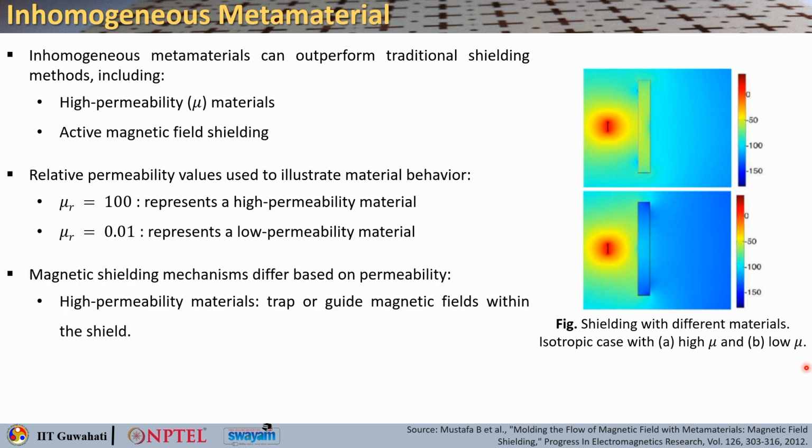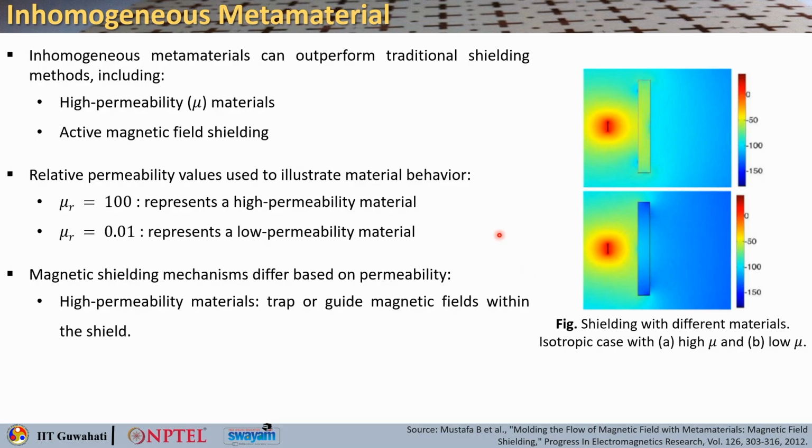Now, what is interesting here is that the magnetic field shielding mechanism differs based on the permeabilities involved. In the first case, which is the high permeability material, you can see that it traps or guides the magnetic field within the shield. So, this is the shield, and this traps the field within.